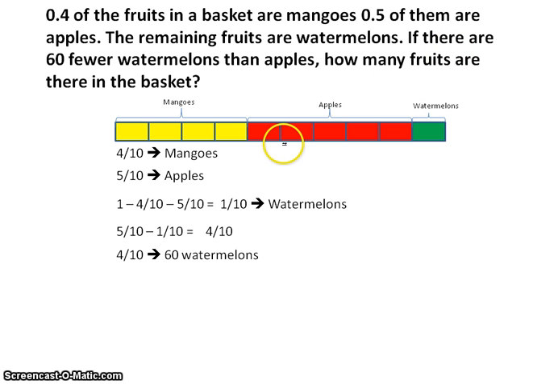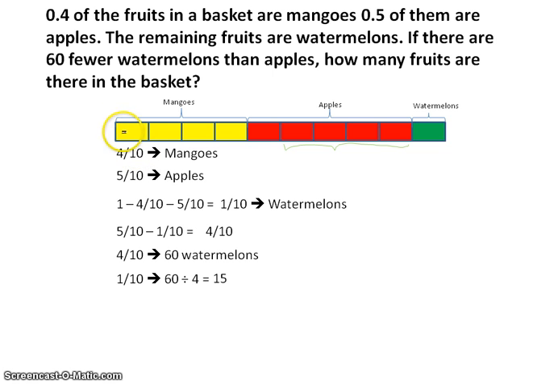So over here, we know that there are 4 units more apples than watermelons, and these 4 units represent 60. To find 1 over 10, we'll use 60 divided by 4, and we find that 1 over 10 is equivalent to 15.